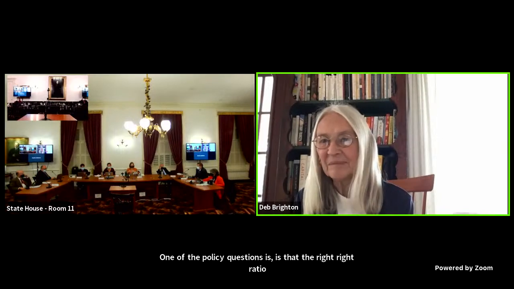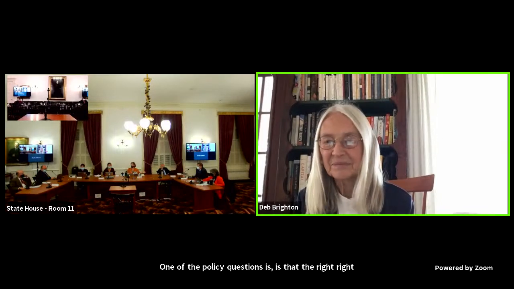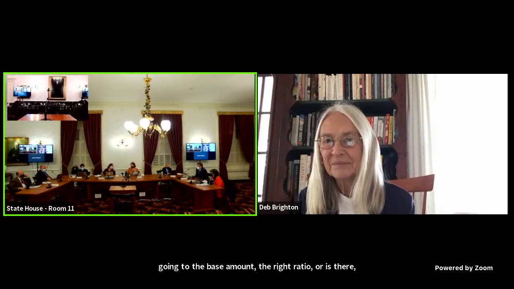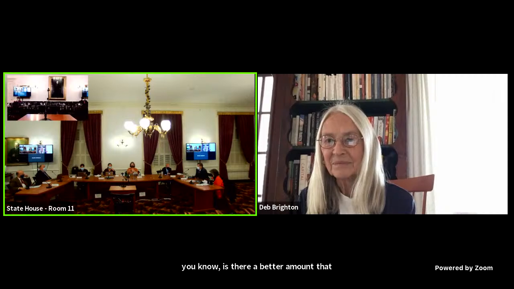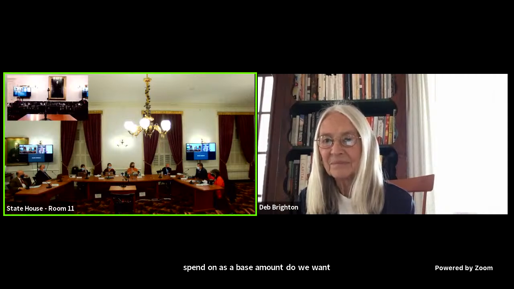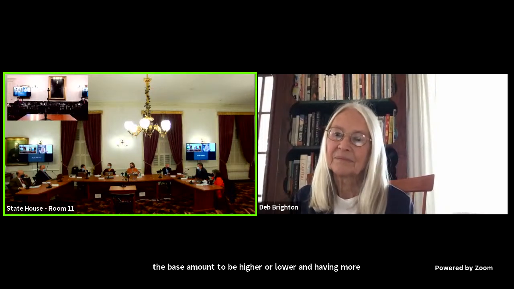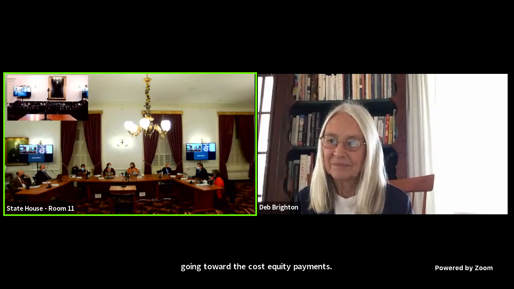Is 36% going to all the weights versus 64% going to the base amount the right ratio? Or is there a better amount that we want to spend as a base amount? Do we want the base amount to be higher or lower, and more going toward the cost equity payments? So just breaking it into cost equity, you can sort of see how it separates out the way that we spend money.